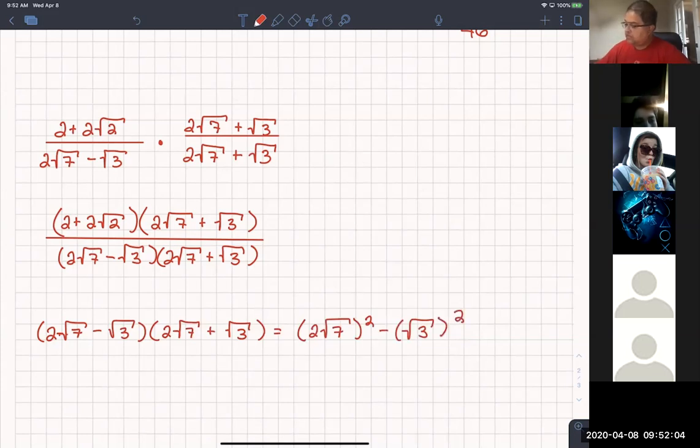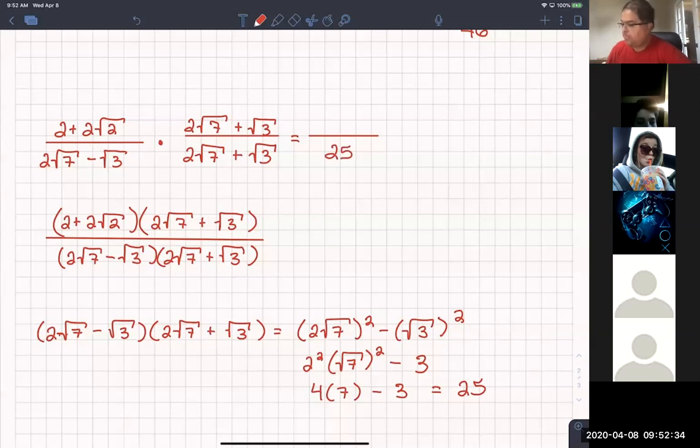Okay, so this is 2 squared, root 49 or root 7, it goes back to 7, minus 3. Remember, it's always minus the other one. So this is 4 times 7 minus 3, which is 28 minus 3, which is 25. So the denominator is 25.